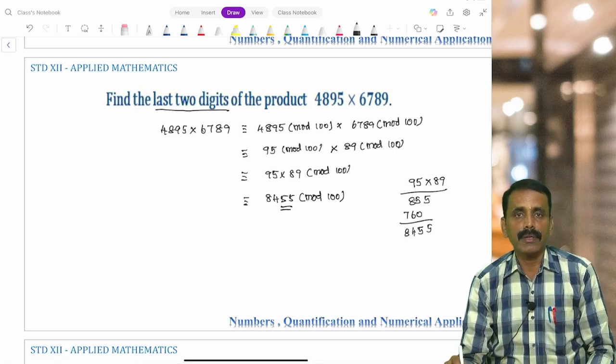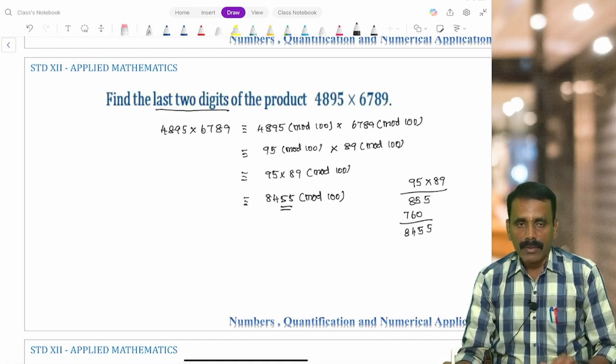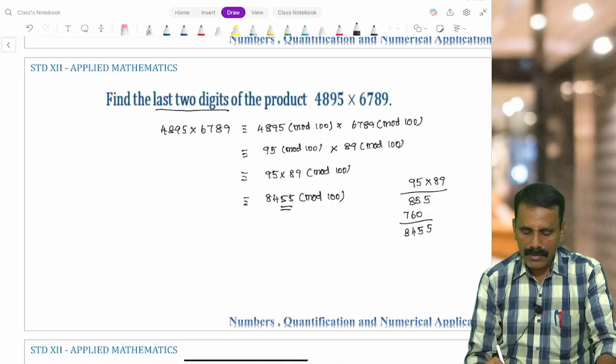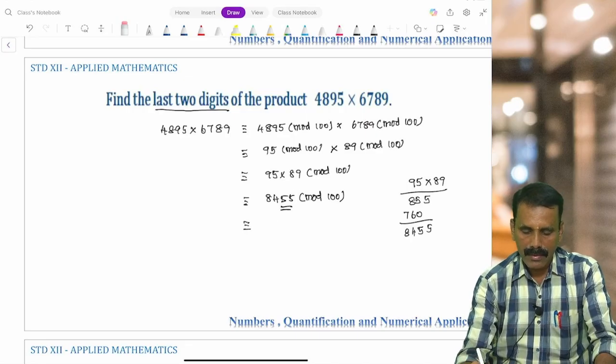If it is a number more than 100, it is going to be 55 mod 100.